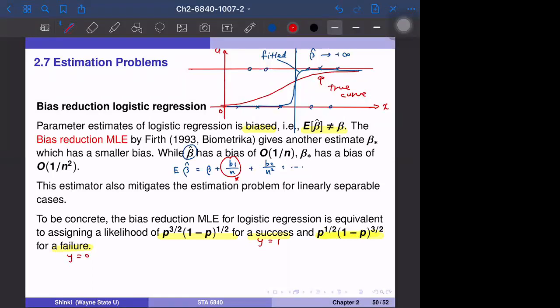Originally, for usual regression, this is p to the power 1, and 1 minus p to the power 1. So it looks like we make some base rule to make this exponent larger. p to the 1 and 1 minus p to the power 0 is too strong. So we just add 1/2 each, and we get a more moderate likelihood function.